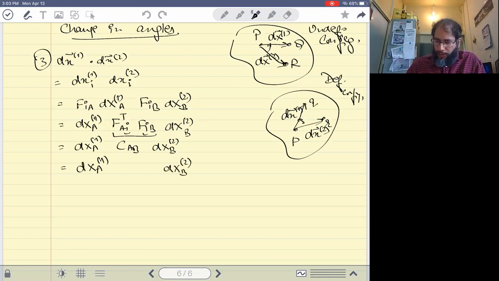Now this C_AB, if you remember, we defined twice E_AB as C_AB minus delta_AB. So I can write my C_AB as a sum of twice E_AB and delta_AB.